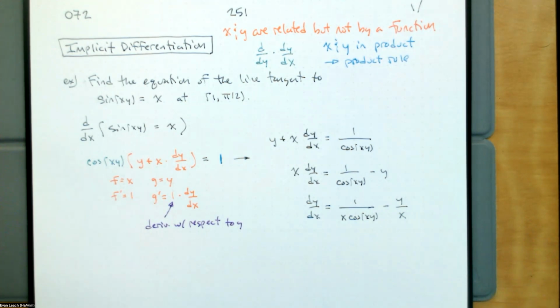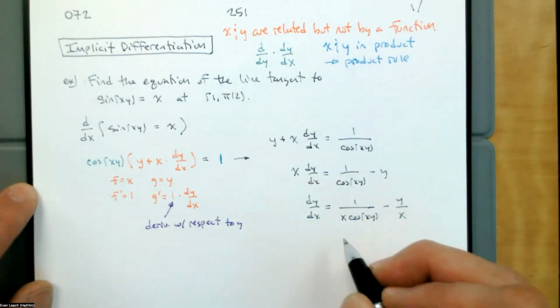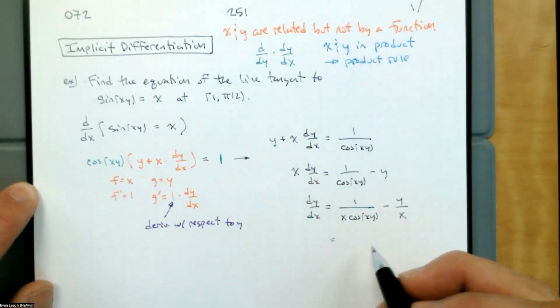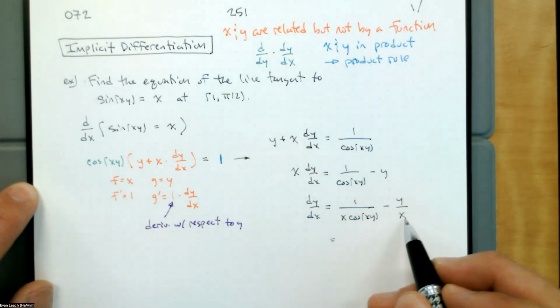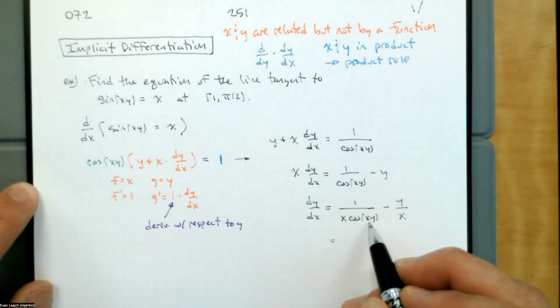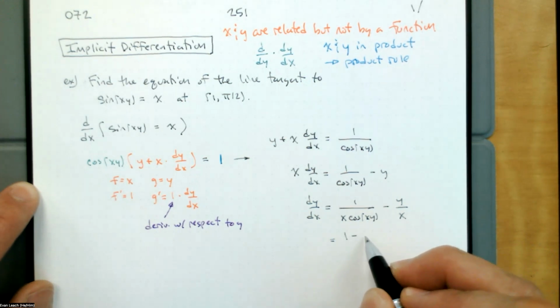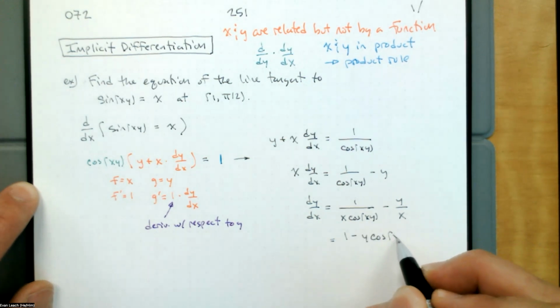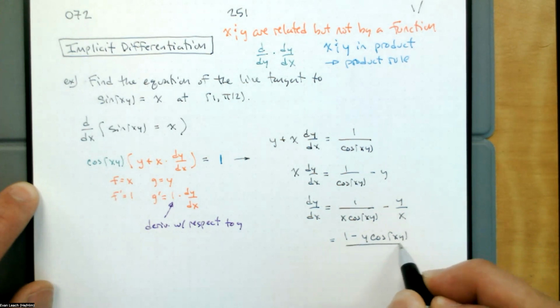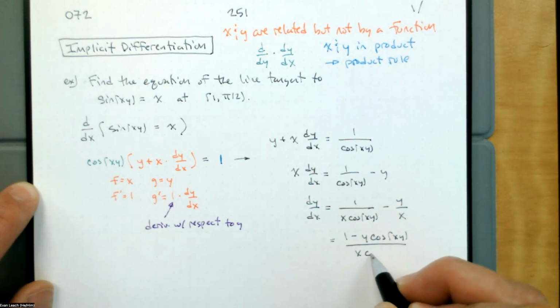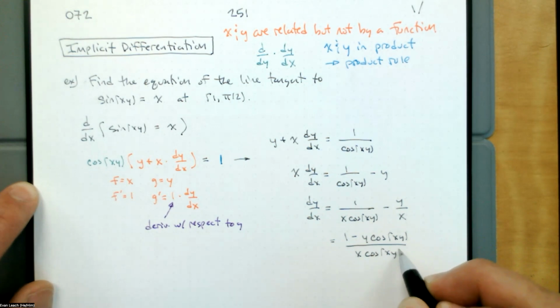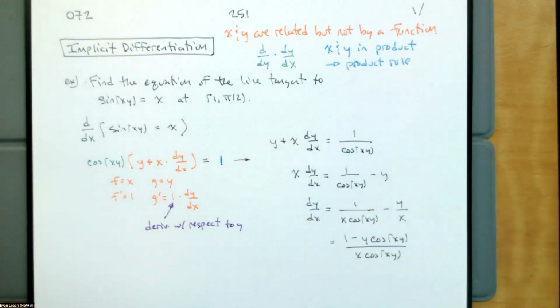We could get a common denominator if we want to rewrite this. I don't know if this would be any better, but maybe this is not the stop we want to make. Maybe we have a common factor of x, so a common denominator would require a cosine of xy. So maybe we write this as 1 minus y cosine xy over x cosine xy.